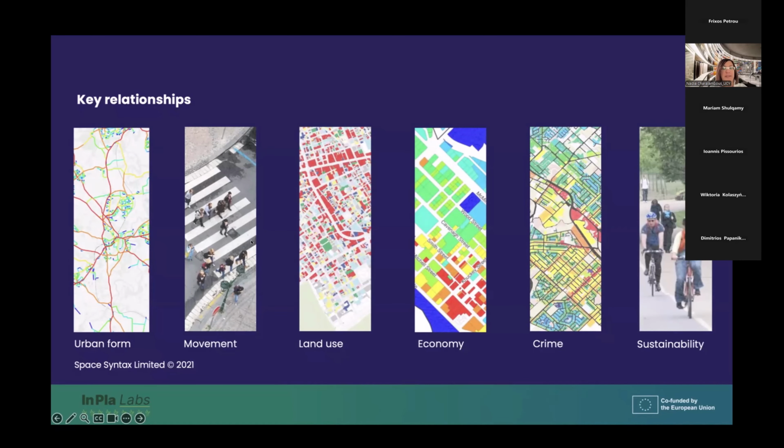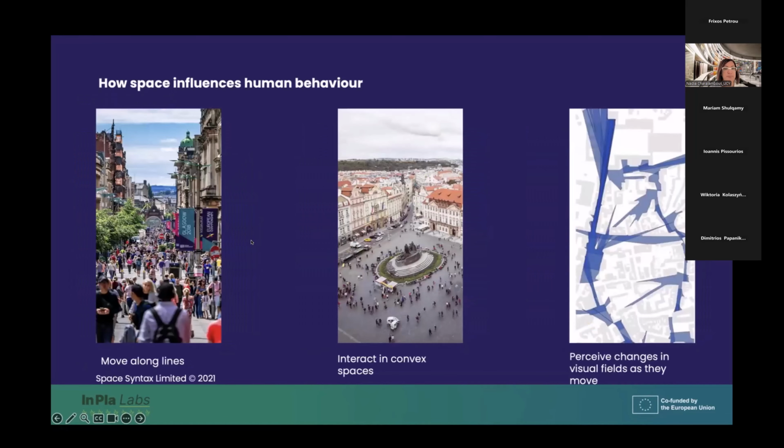Urban form relates to movement, it relates to land use distribution, it relates to economy, economic vitality and land value, to crime and safety, to sustainability in relation to low carbon emissions, sustainable modes of transport, active travel, and so on. And all these have been studied through hundreds of case studies, and we will see some examples later on.